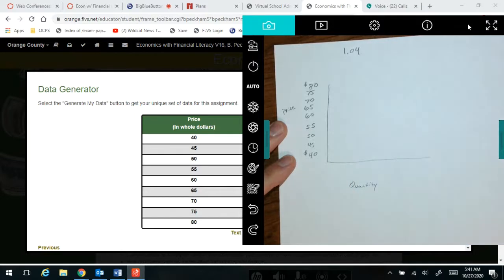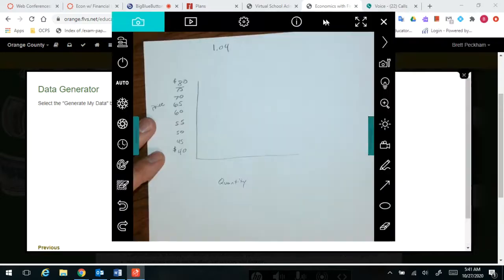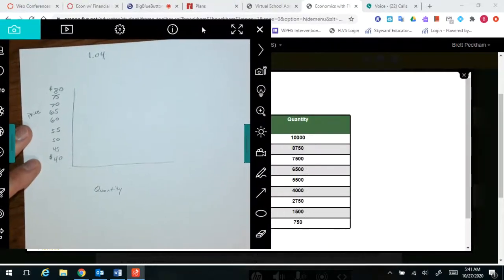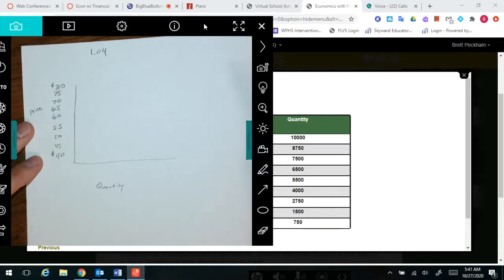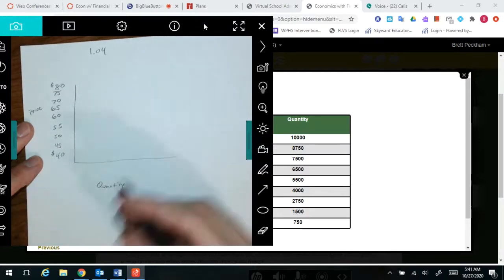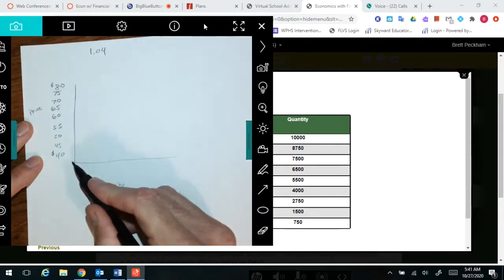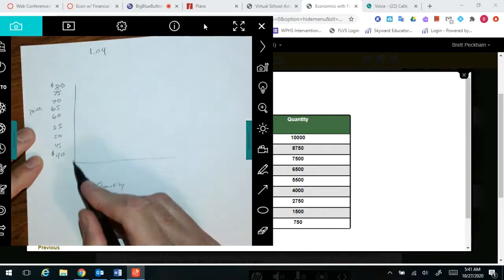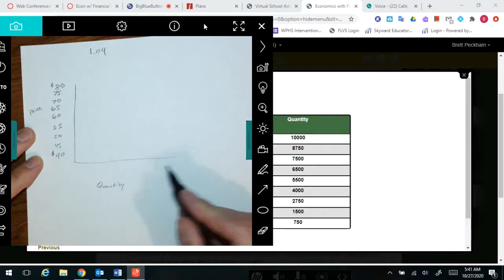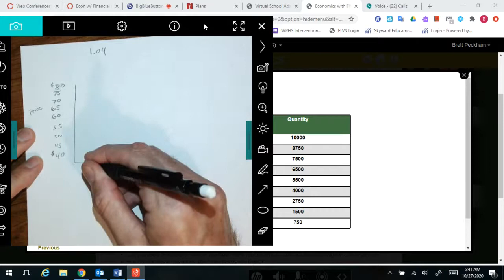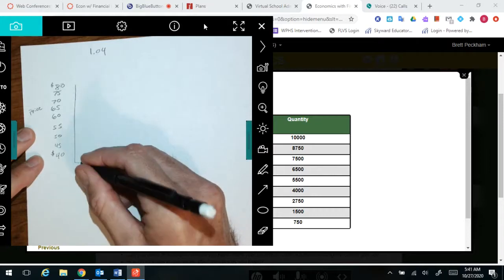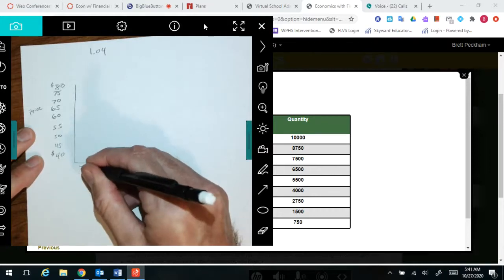And on our quantity side, let's see what we got. We got a bottom of 750. Okay, so again, in this corner here, as in the review video, that's your lower numbers. This is a number line. As you go up, it gets more expensive. As you shift to the right, it gets more and more of the quantity. So we'll start down here at the 750, and we'll just kind of go along.